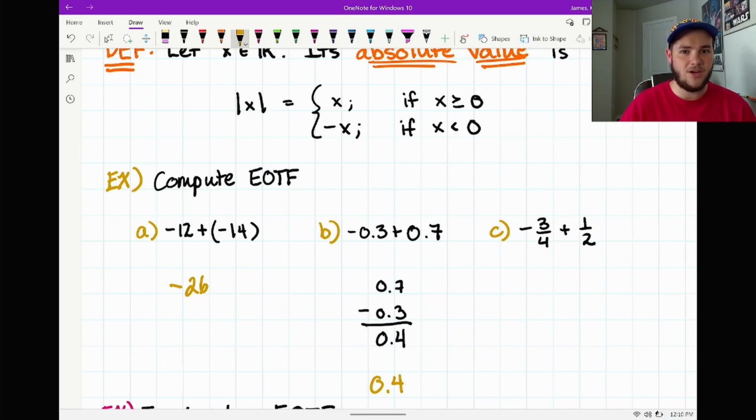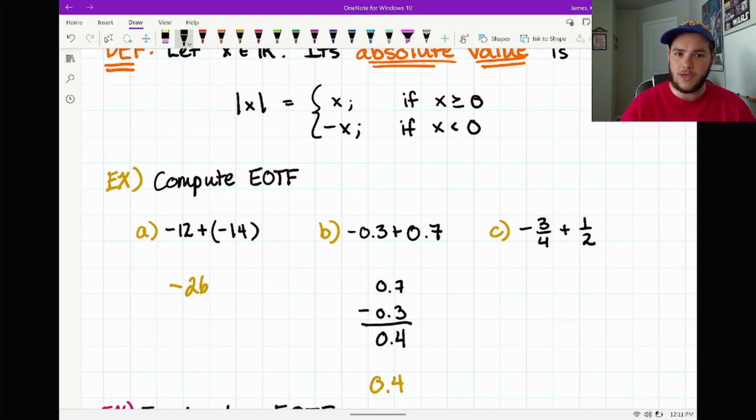Last but not least, let's do a quick refresher on how to add fractions, because this is one of the most common mistakes I see as a math teacher. Even as you go upward into your sophomore and junior years, I still see this mistake happening pretty often. Remember, to add fractions, we need a common denominator.